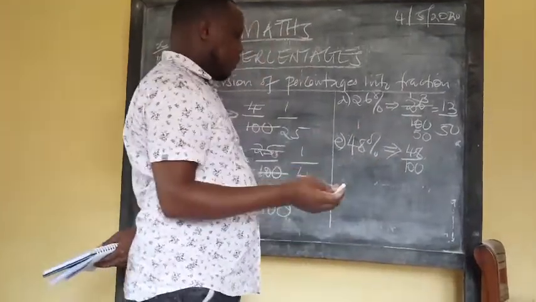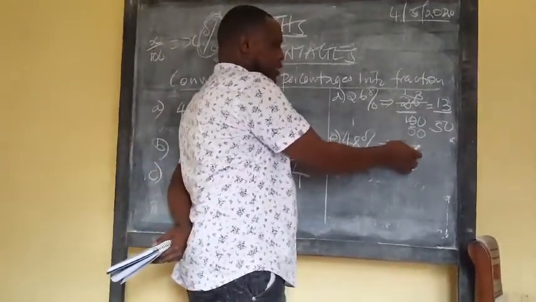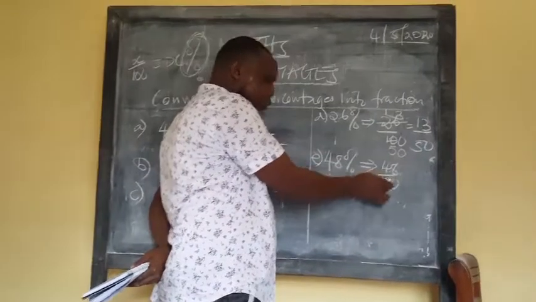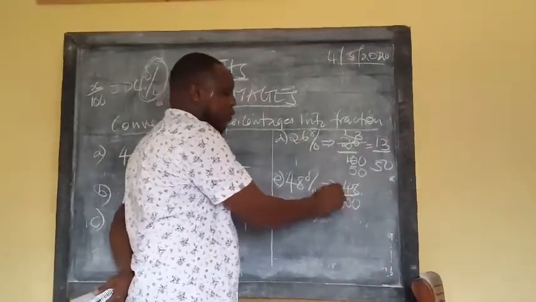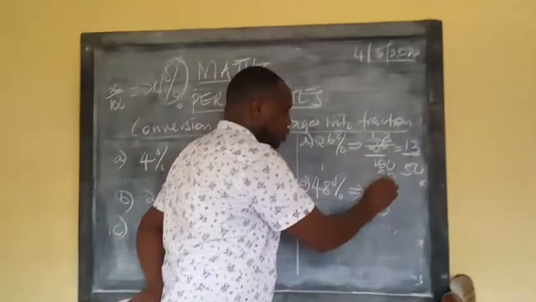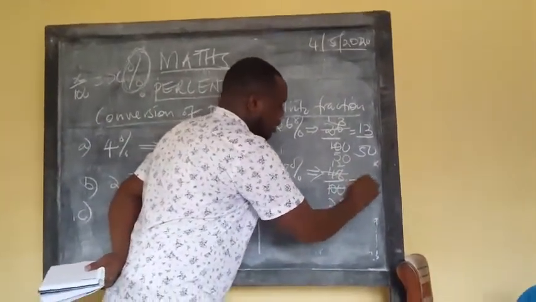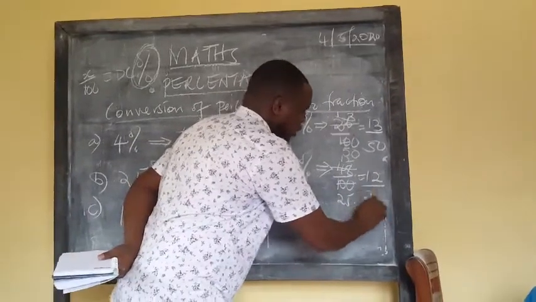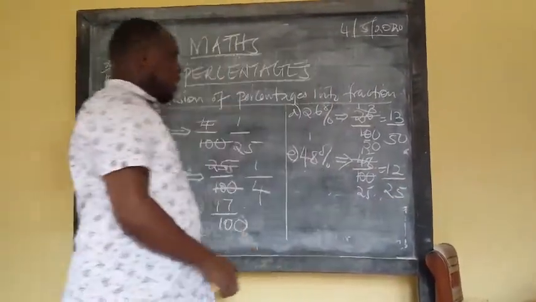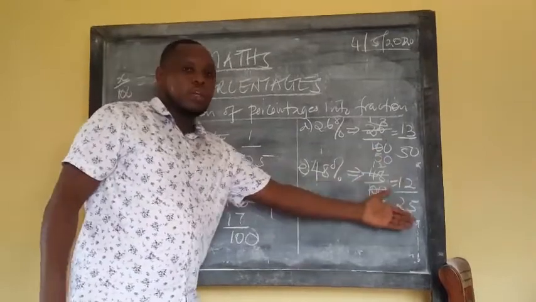We can divide, because 4 is a multiple of 48, and 4 is also a multiple of 100. So you can divide by 4. By 4, 12, by 4, 25. So our answer is going to be 12 over 25. So 48% written as a fraction is 12 over 25.